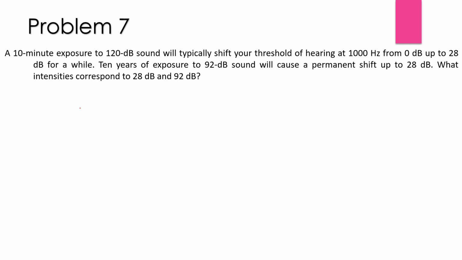We have this formula from decibel to intensity. We have I is equal to intensity naught times 10 raised to the power of beta over 10 decibel, where I naught is equal to 10 to the minus 12 watts per meter square.